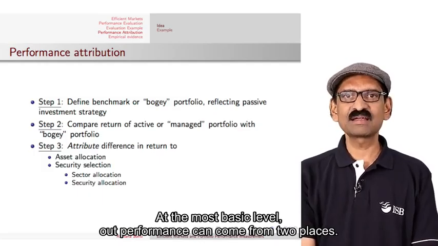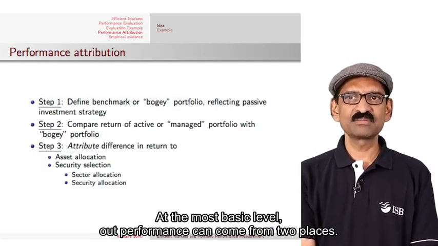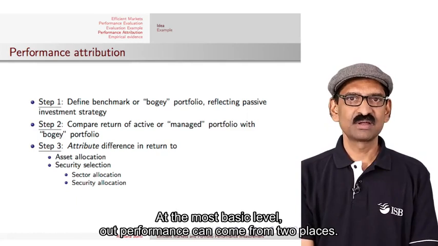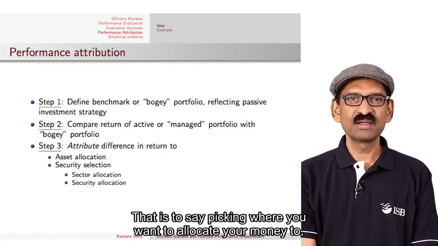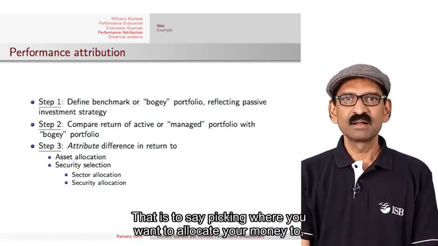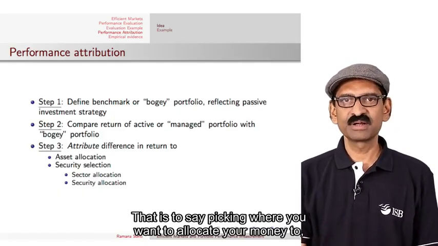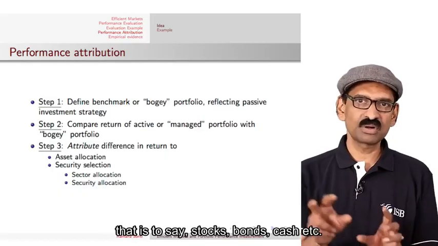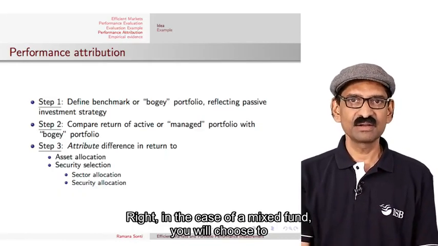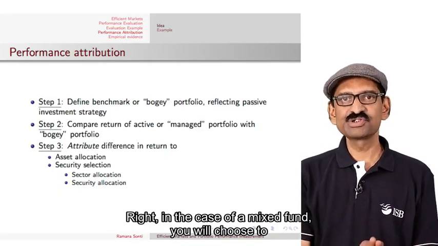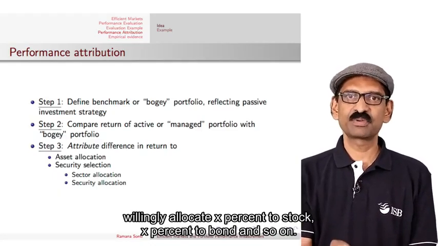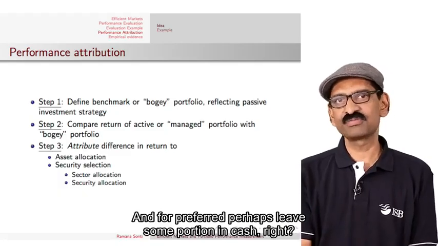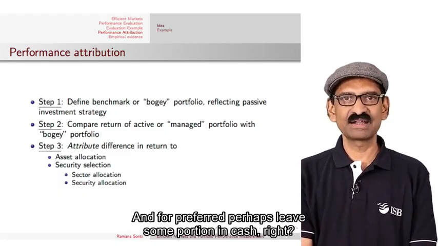At the most basic level, outperformance can come from two places. One, it can come from asset allocation, that is to say, picking where you want to allocate your money to, that is to say, stocks, bonds, cash, etc. In the case of a mixed fund, you would choose to willingly allocate X% to stock, X% to bonds, and so on, and perhaps prefer to leave some portion in cash.